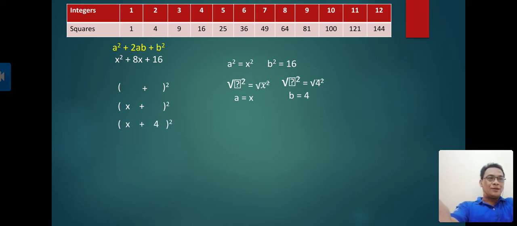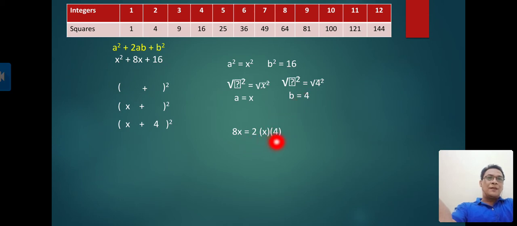Is that a factor? Let me check first if the given trinomial is a perfect square trinomial. How can I check that? I will get the middle term using the values of a and b. So we have here 8x equal to 2ab, where a is equal to x and b is equal to 4.